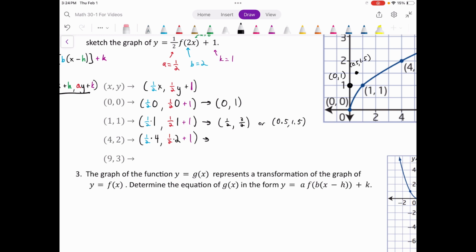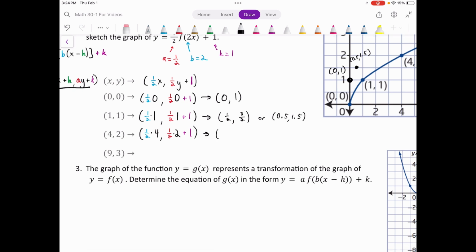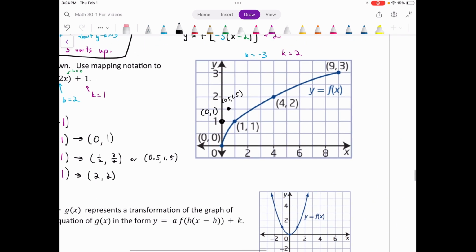Okay, so what's our new point here going to be? Well, 1/2 times 4, 4 divided by 2 is 2. And 1/2 times 2 is 1, plus 1 is 2. So the point that was originally at (4, 2), this point here, is going to end up at (2, 2). So x is 2, y is 2 for that point's image point. Right around there, (2, 2).